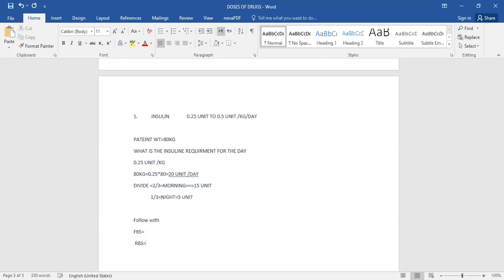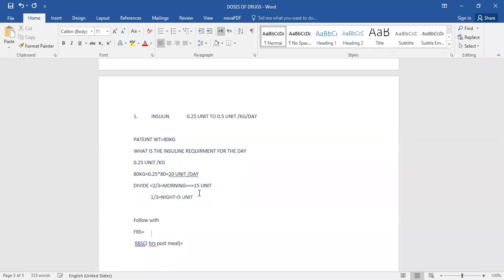Anytime, doctor. Anytime, yes. But by definition, random blood sugar is taken after meals. How long after meals? Usually 2 hours, 2 hours post meal.